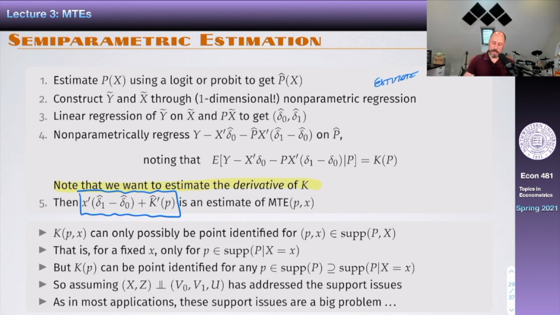However, instead of using k of p and x, just using k of p, given the restriction that we introduced, then all we need is p in the support of the propensity score, which is of course larger than the conditional support. Okay. Now, that means that this assumption that we impose addresses the support issues. Okay. But this is a big assumption that we're going to discuss. But these are important issues that appear all the time. Okay. So you need to do something about it. So look at this picture.